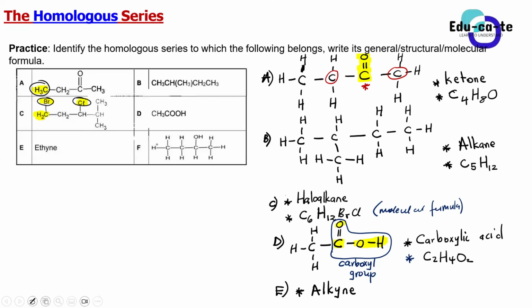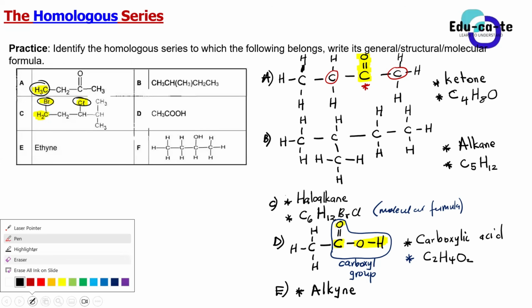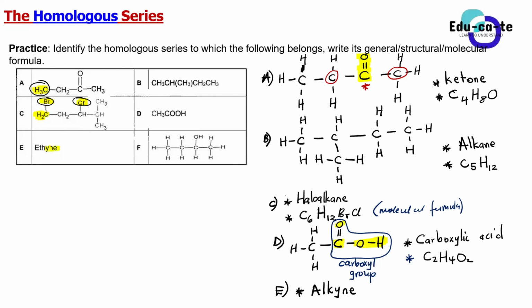Okay, why do you say it's an alkyne, Dahazo? It ends with Y and E. Yes, the name ends with Y and E. So when you are given the name of the molecule and it ends with Y and E, you already know that's an alkyne. That's all, I don't want anything else on that.